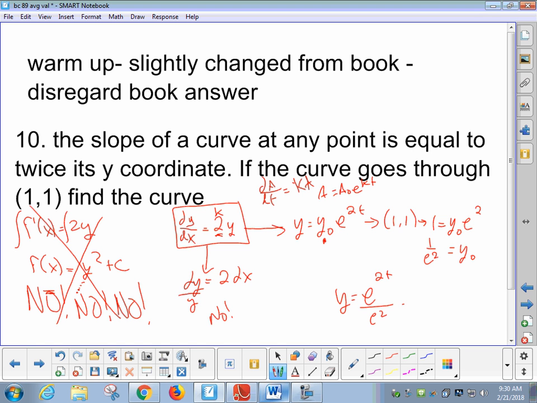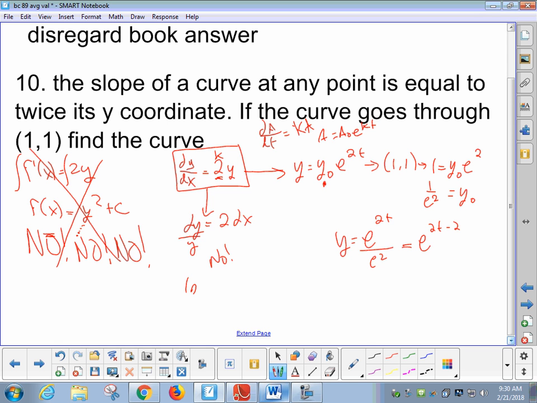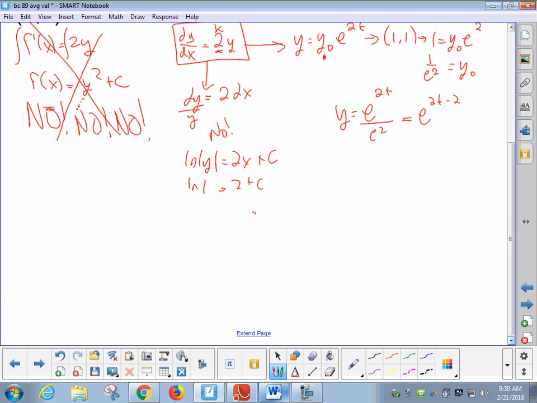What other form might you see in a multiple choice if they clean that up algebraically? e to the 2t minus 2 also would be possible. That is absolutely where you would get if you continued on this way, a much more work-heavy path. You'd get log of 1 equals 2 plus c, c is negative 2.